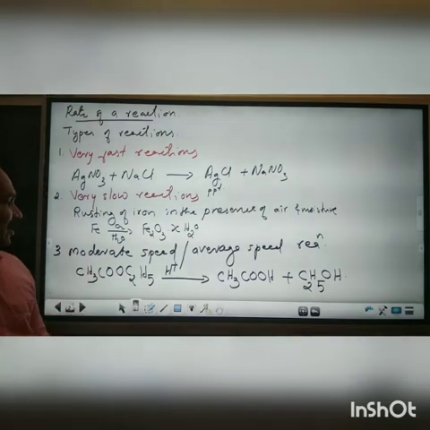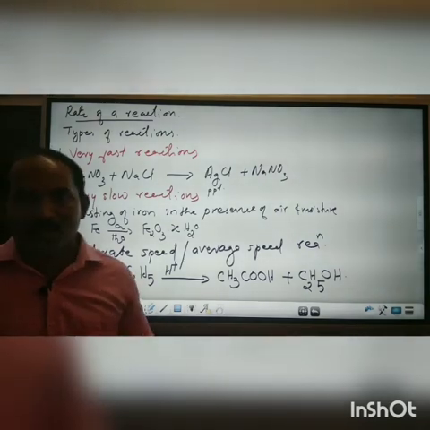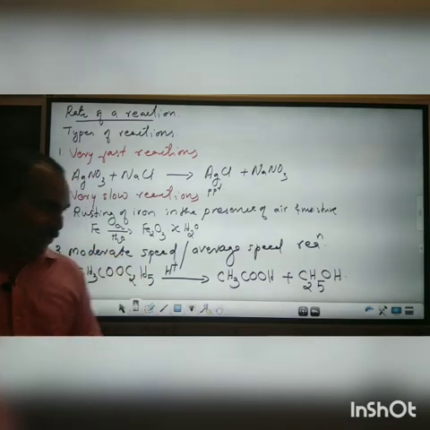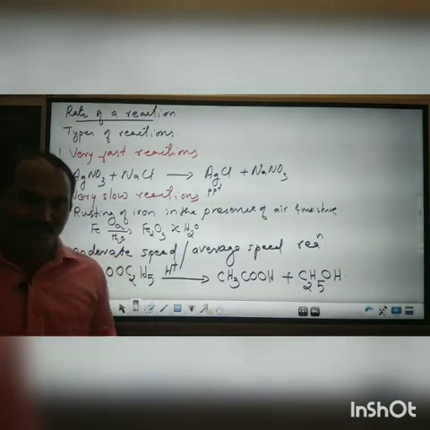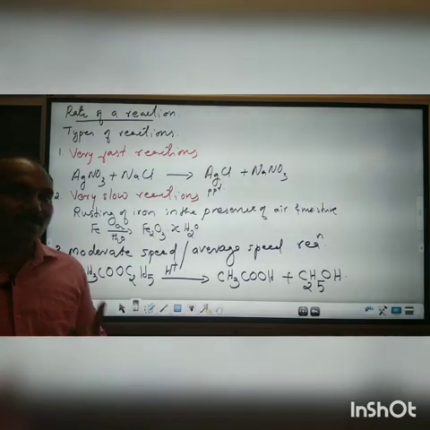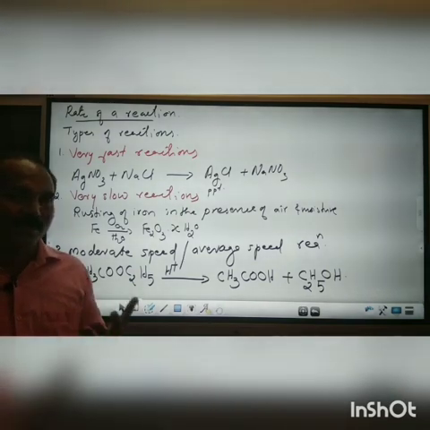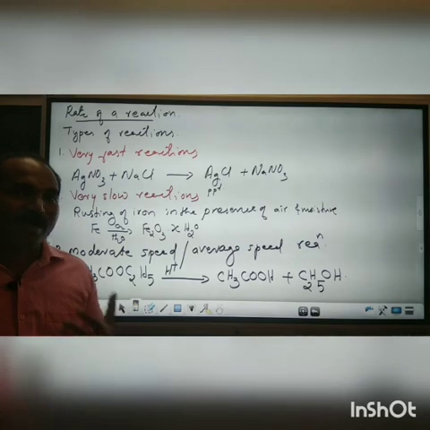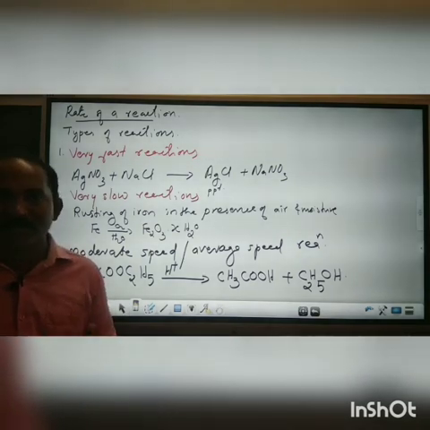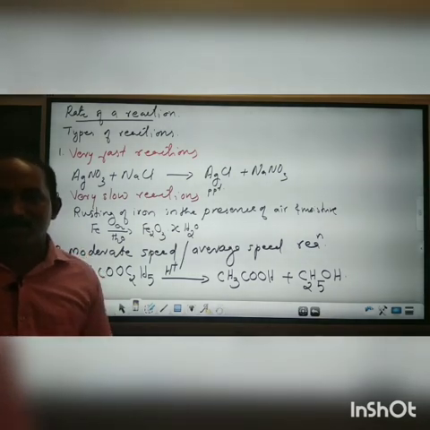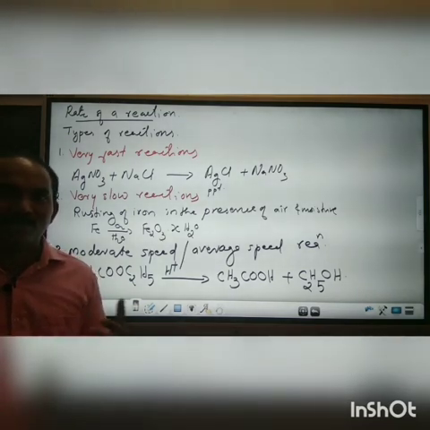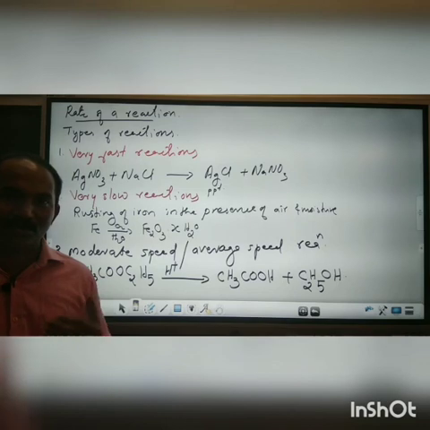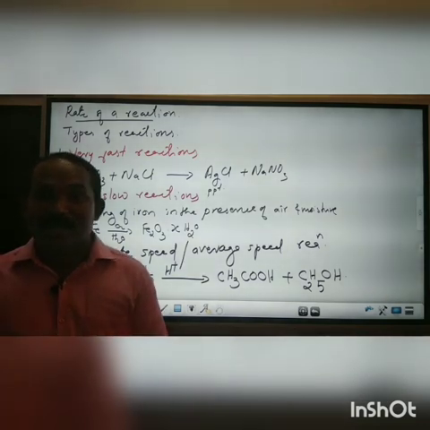Then the third one is moderate or average speed reactions. For example, digestion of food requires 3 to 4 hours. The hydrolysis of starch takes place within 2 to 3 hours. Then ester hydrolysis.